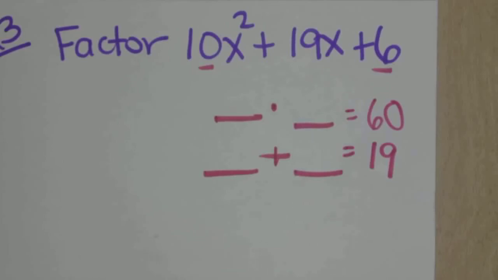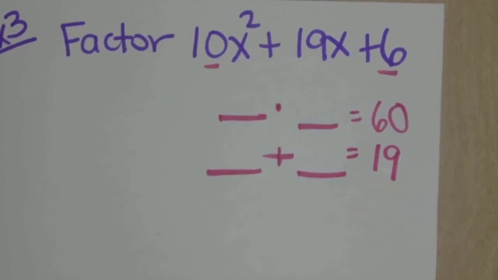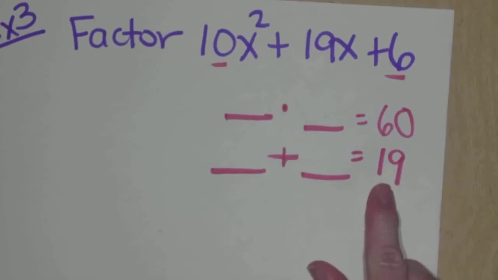A little bit harder. If you want to pause the video and check it out, you can definitely do that. If you're working alongside me, you know, 60. Originally I think, oh, 10 times 6, but a 10 plus a 6 is not going to make a 19. Then maybe I think 20 times 3, but 20 and 3 aren't going to add up to a 19, even if I tweak the signs.